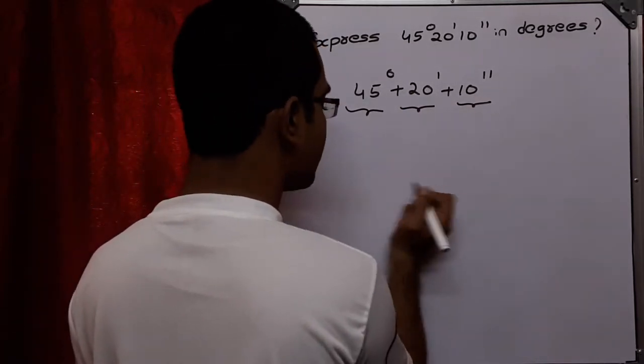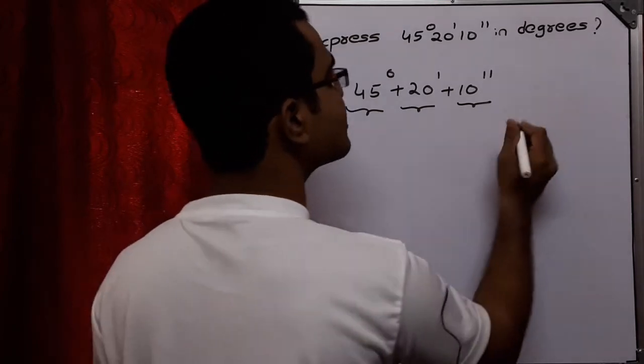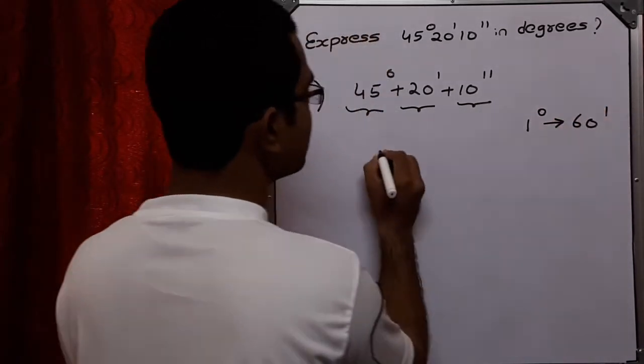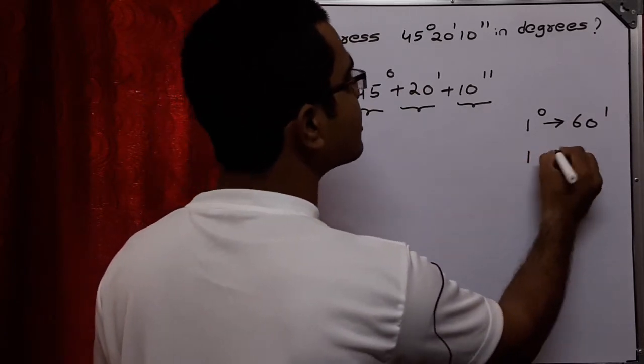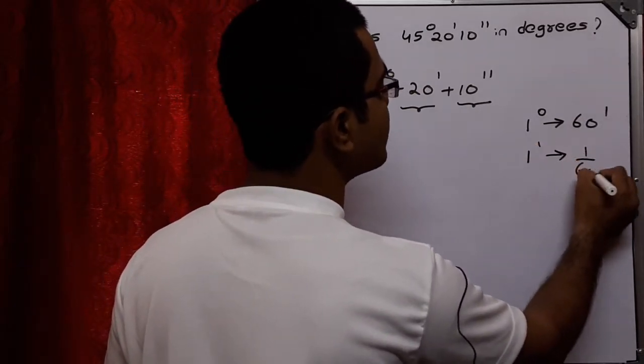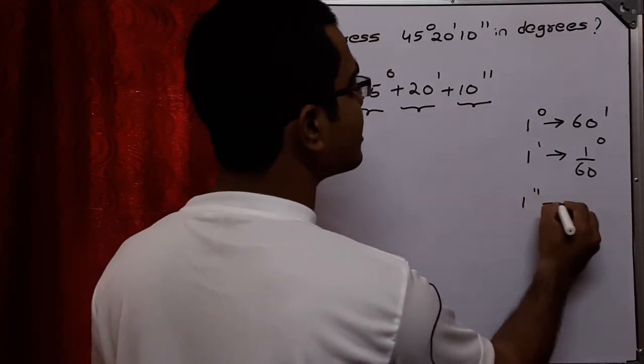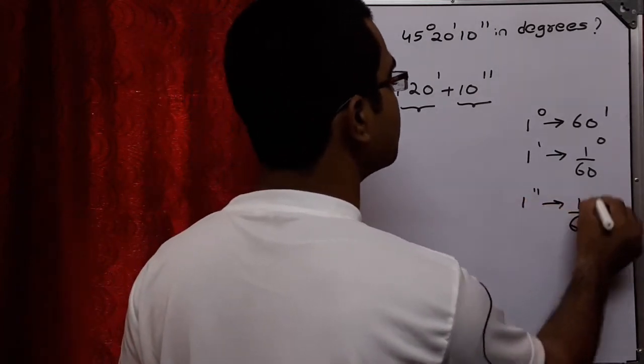We know the first basic thing, that 1 degree is further classified into 60 minutes. Therefore 1 minute is equal to 1 by 60 degrees. Also, 1 second is equal to 1 by 60 minutes.